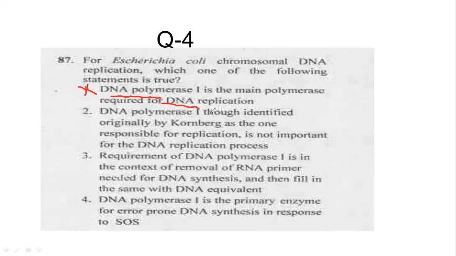DNA polymerase 1 was originally identified by Kornberg as the one responsible for replication, but it is not important for DNA replication itself, so this is also not correct. The requirement of DNA polymerase 1 is in the removal of the primer needed for DNA synthesis and then filling in the gap with the DNA equivalent.